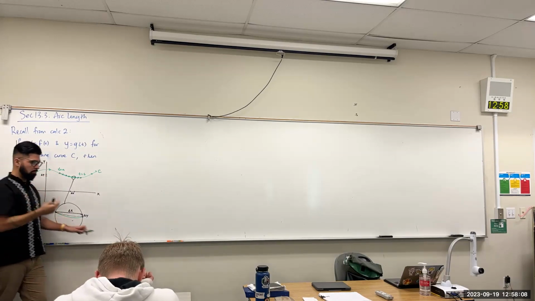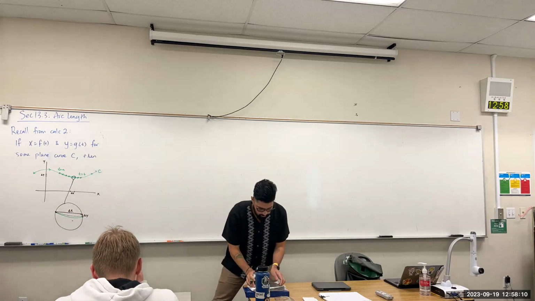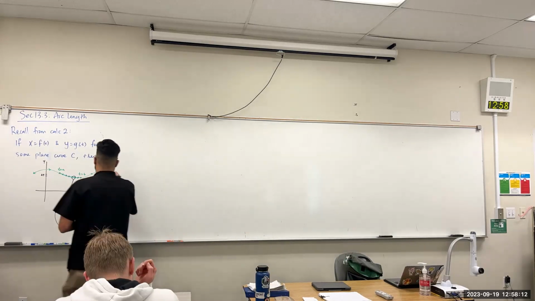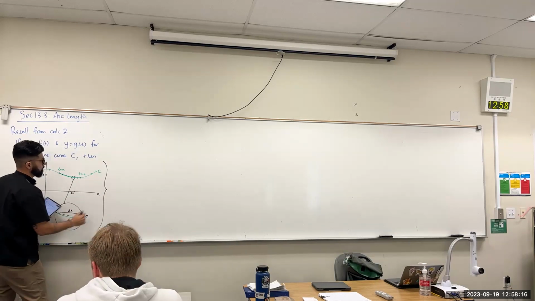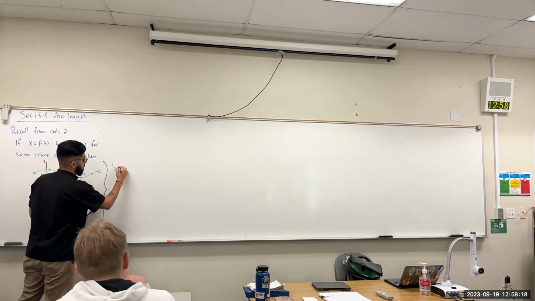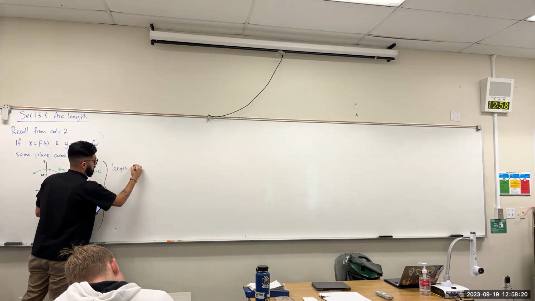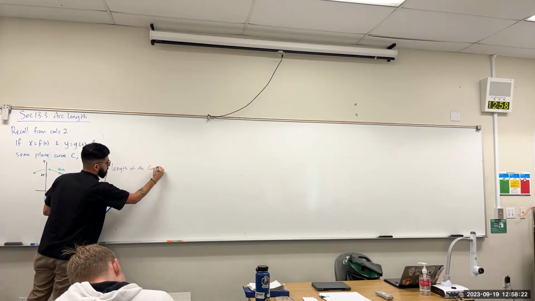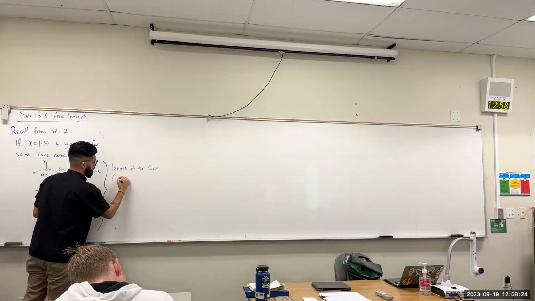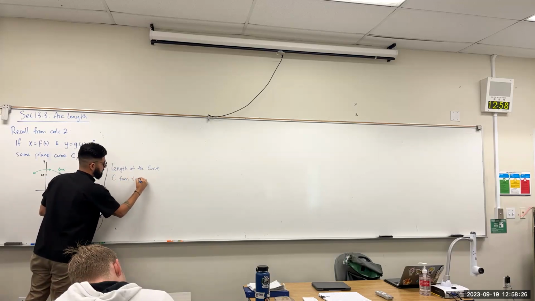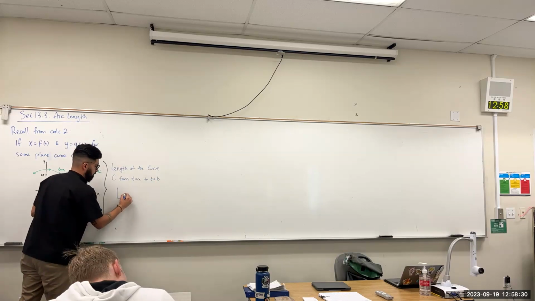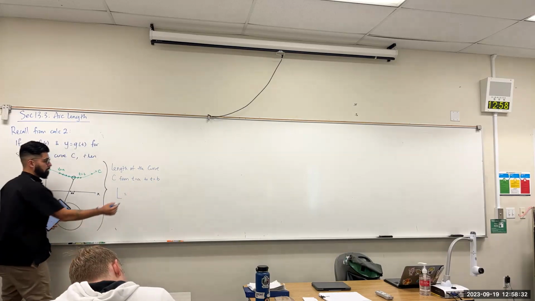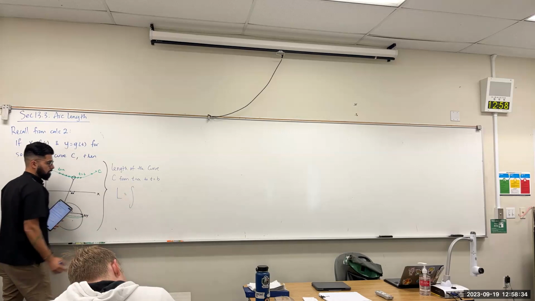That was the intuition behind how all that happened. And so through this process here, you got that the length of the curve C from t equals A to t equals B, because you were adding an infinite number of sums, you ended up with an integral.